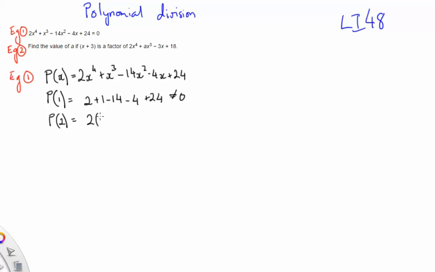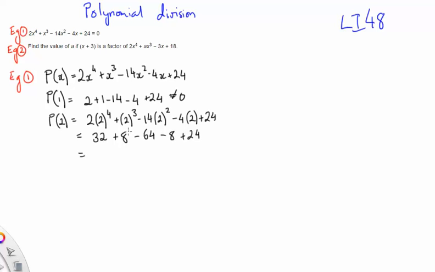So we sub in 2 minus 14 times 2 squared minus 4 times 2 plus 24, which equals 2 to the power of 4 is 16, times 2 is 32, 2 cubed is 8, 4 times 14 is 64, minus 8 plus 24.